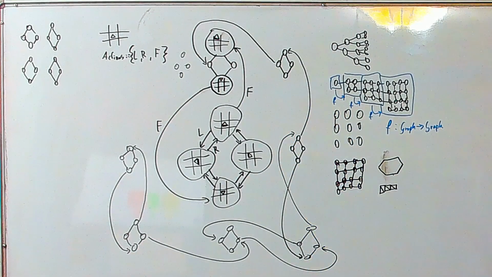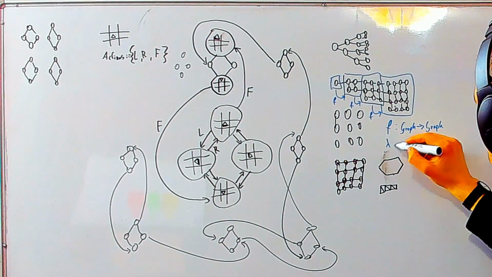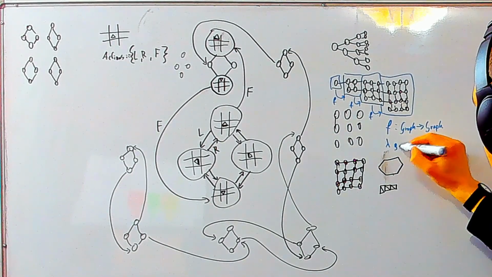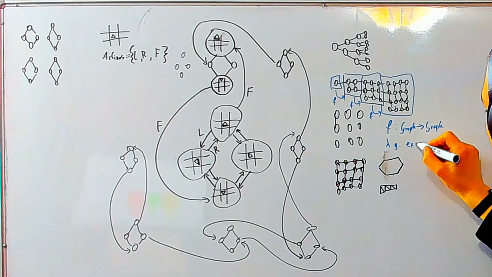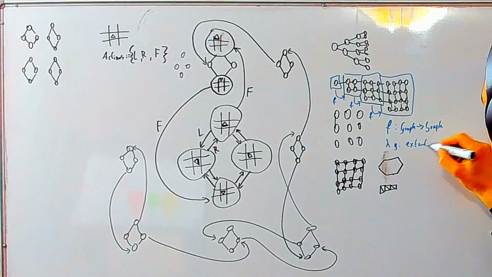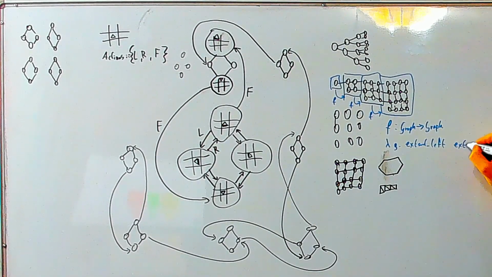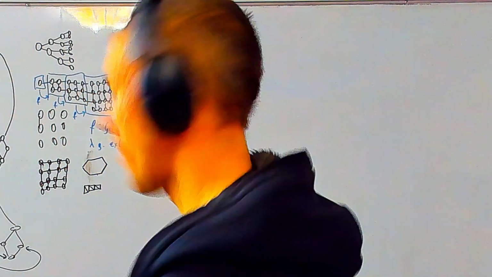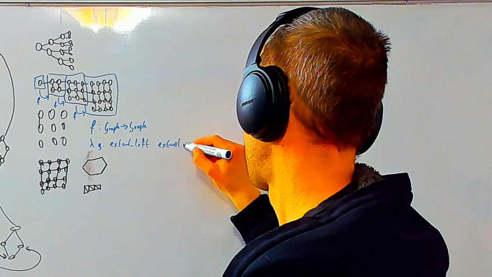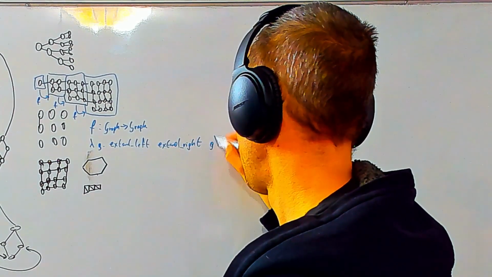The implementation might be something like we take in the graph G, and then extend left, extend right.